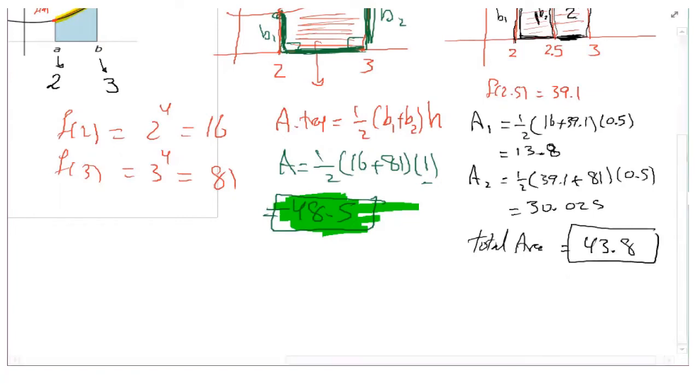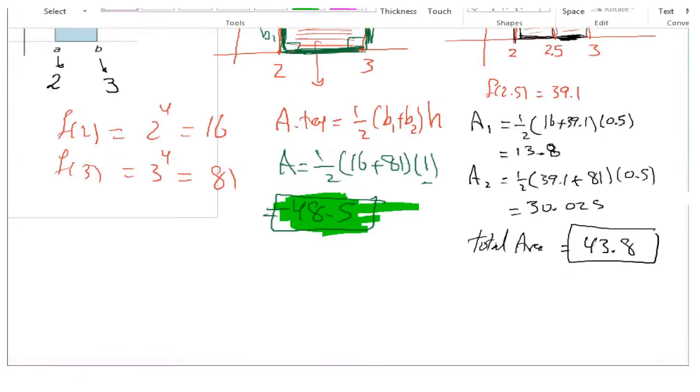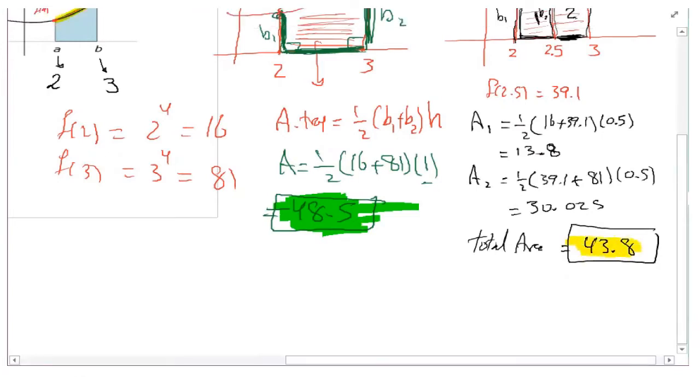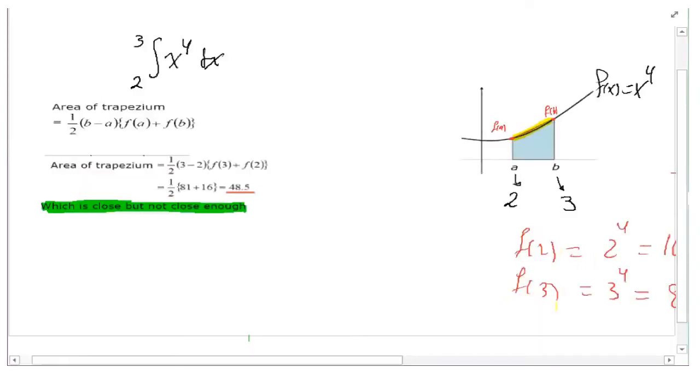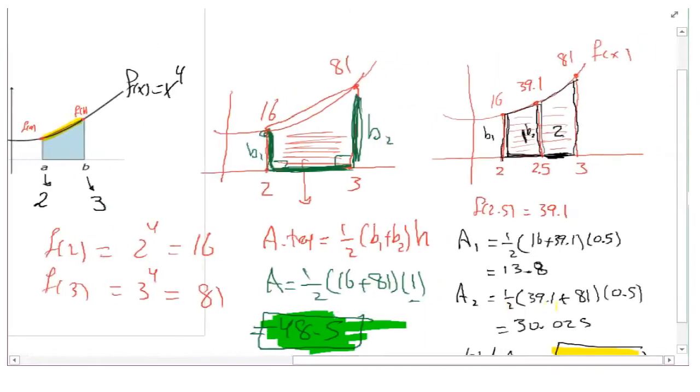Look at the difference between dividing the area into one trapezium and dividing it into two trapezium: we notice it's more accurate, nearer to the accurate value, which is 42.2, and now we can say that the area when we divided is 43.8.